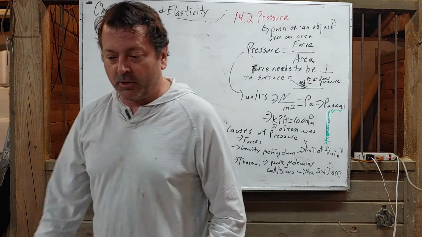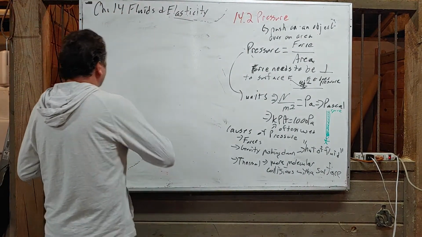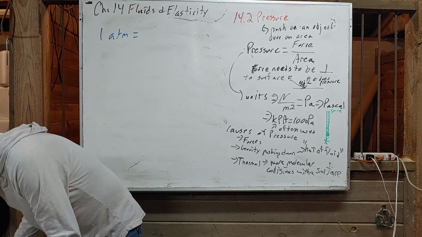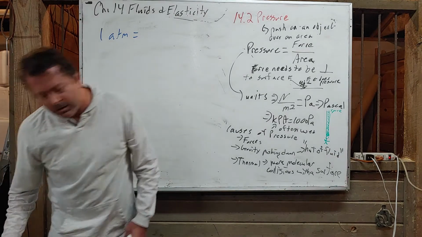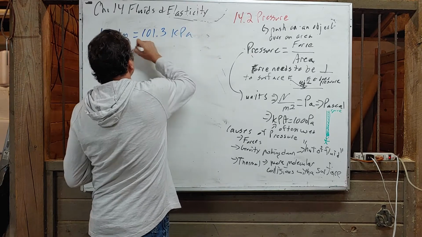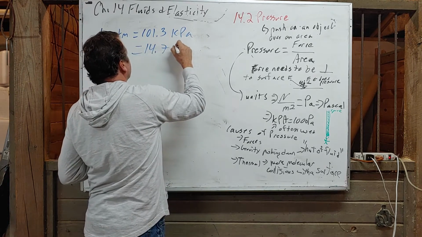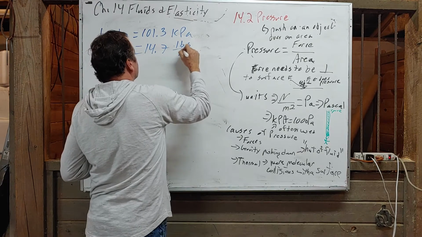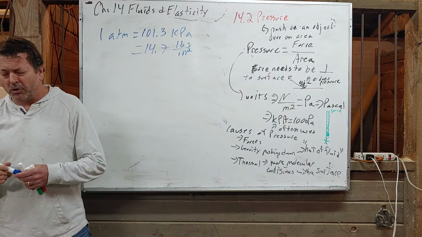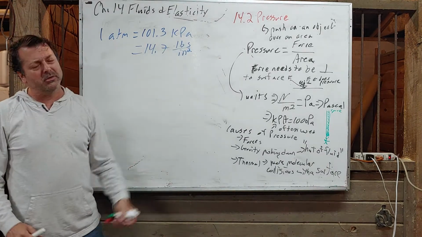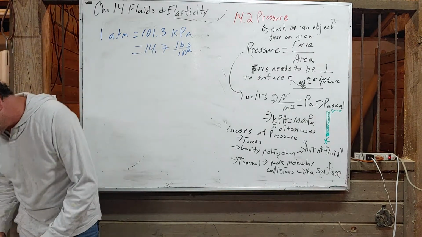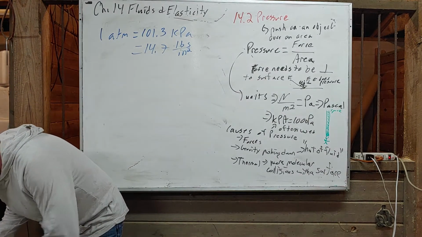Now, one atmosphere is 101.3 kilopascals, which is about 14.7 pounds per square inch. I also include that because you may have heard that before. Kilopascals, probably not. That just gives you an idea of the conversion factor between them.